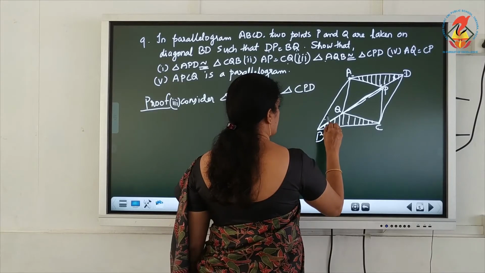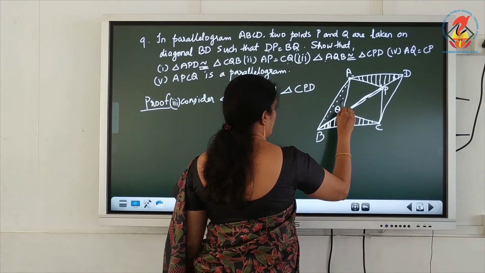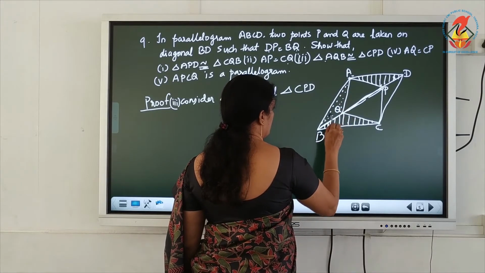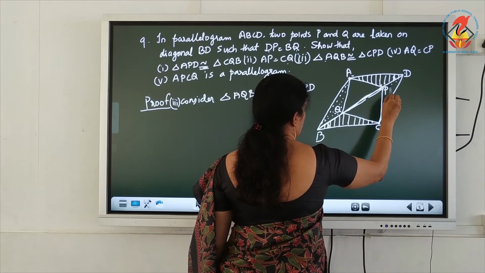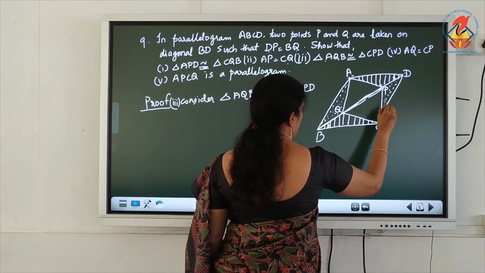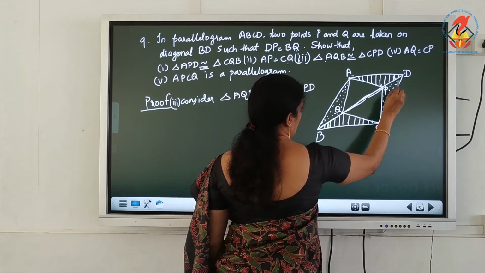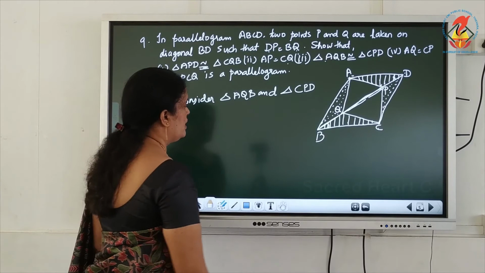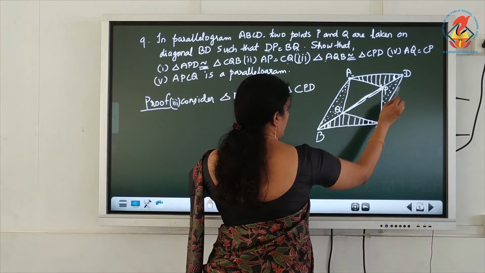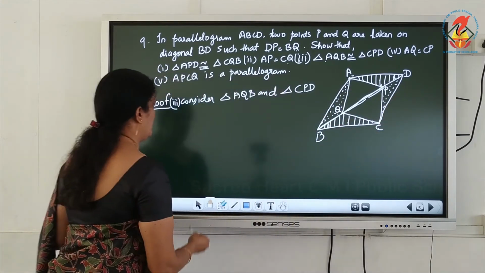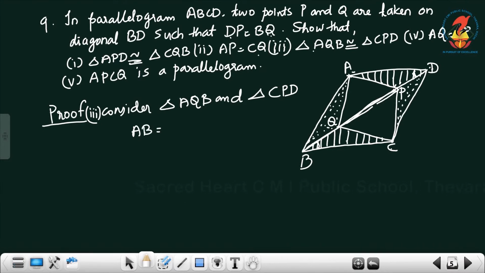AQB means this is a triangle AQB, next CPD, these two triangles. In these two triangles, AB and DC are equal. AB equal to CD. Reason? ABCD is a parallelogram.